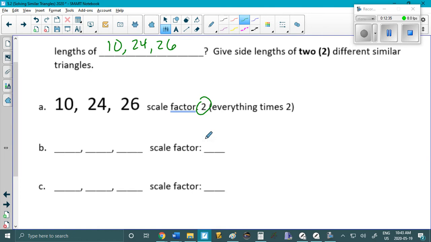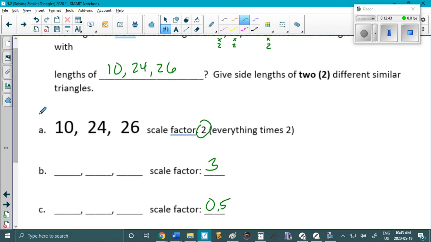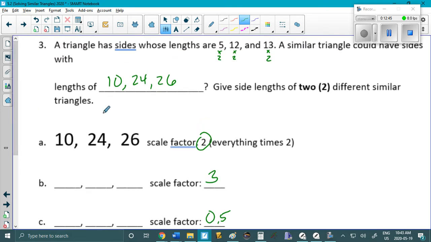So we could make a scale factor of 3, we could make a scale factor of 0.5. We could literally make the scale factor whatever we want. And then we take the original numbers, 5, 12, and 13, and we multiply by the scale factor. So 5 times 3 would be 15, 12 times 3 would be 36, and 13 times 3 would be 39.